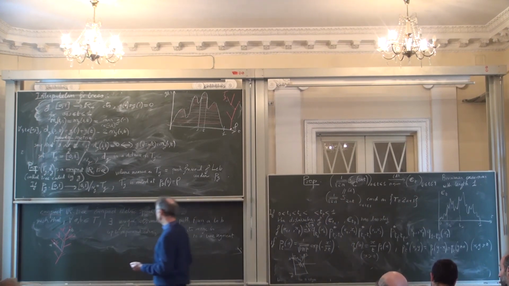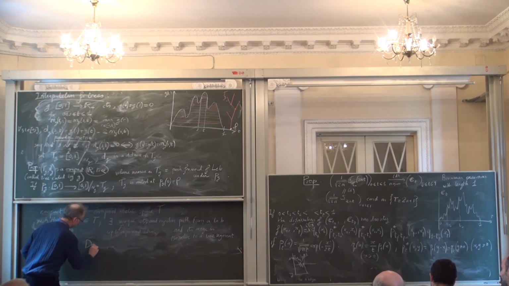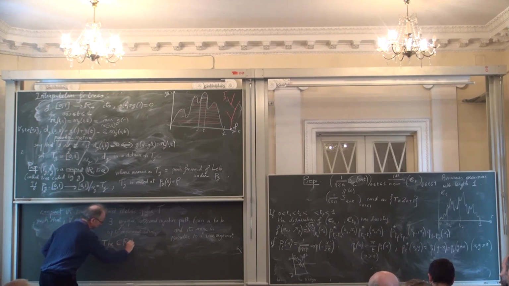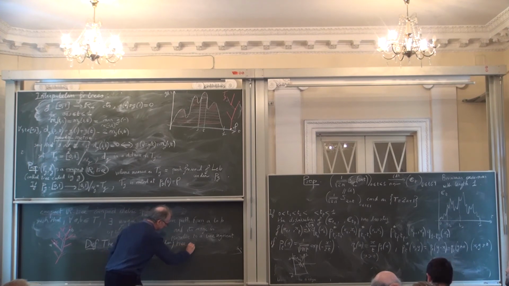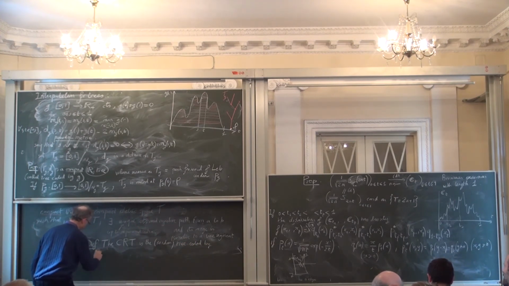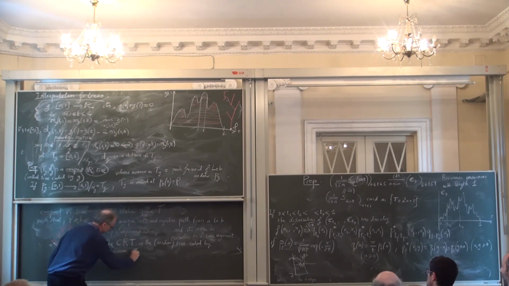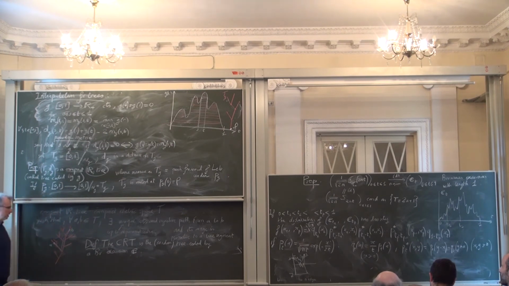This is what people call the CRT, the continuum random tree, the tree coded by a Brownian excursion E. It's random because I start from a random coding function, so I get a random tree.